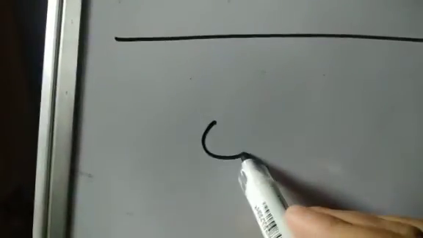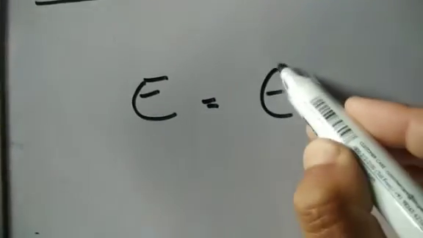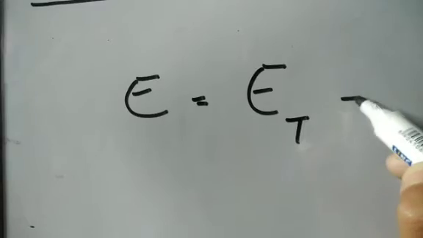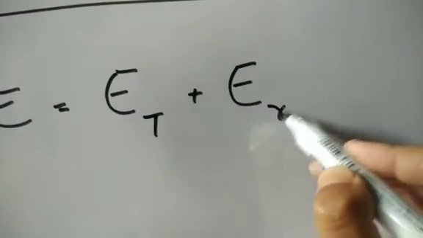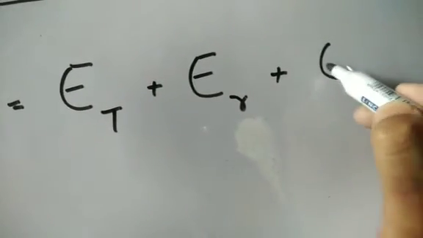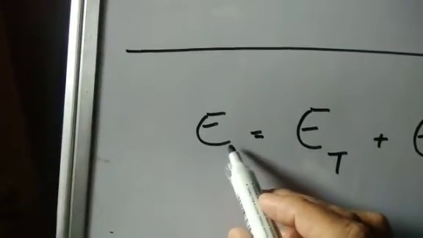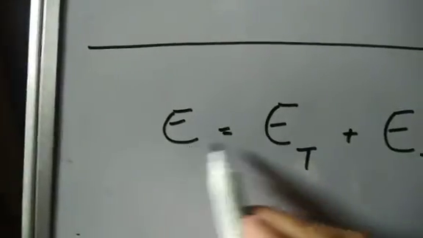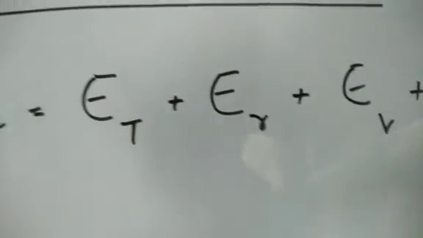The total energy of the molecule we can write as the translational energy, E translational, plus the rotational energy, plus the vibrational energy, plus the electronic energy of the molecule. So there are different forms of energy in the molecule.